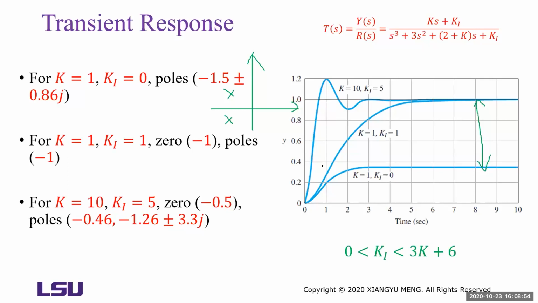In the open loop, it's 0.5. We made it worse. So can we adjust the k to make this error smaller? Yes, we can. We can pick a larger k.